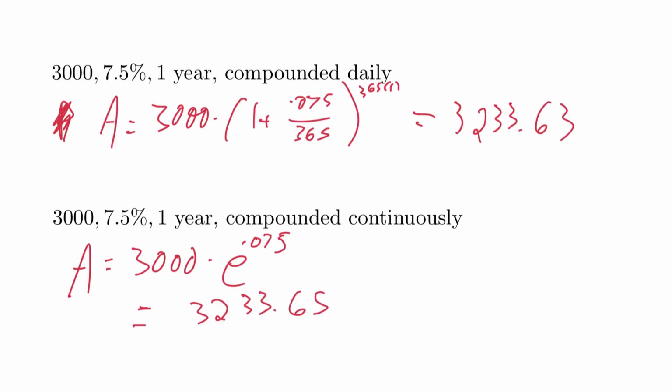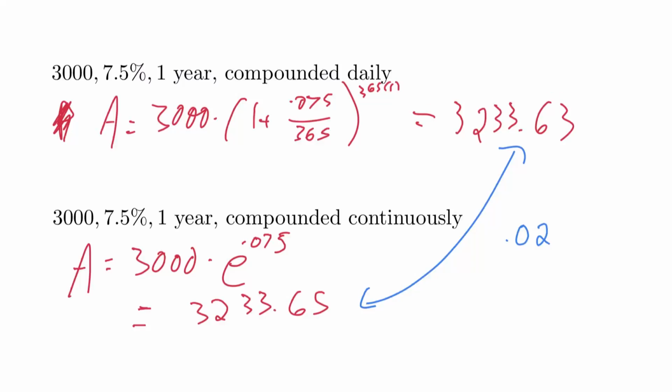Okay, so let's just compare the difference between compounding daily and compounding continuously. It's 0.02, so 2 cents is what I get for going from compounding every day to compounding continuously. So what this tells us is that there's a limit of how much bonus I can get from doing this compounding. I can't somehow accrue infinite wealth by constantly collecting interest on my interest. There's a limit, and it's given by the PERT model.